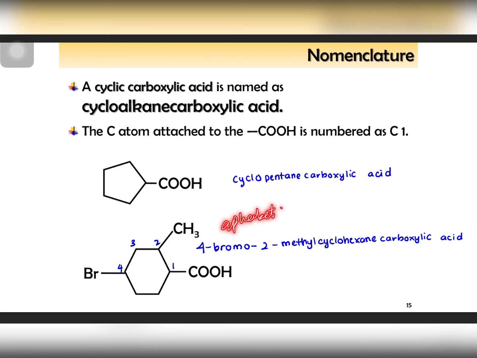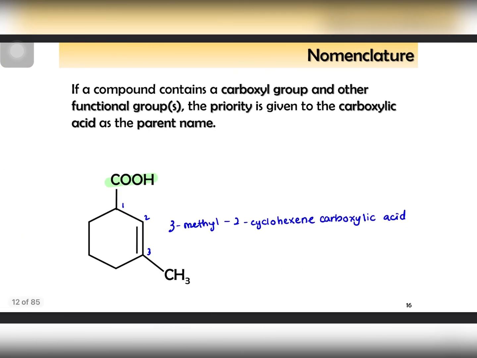B come first before M. So 4 bromo 2 methyl cyclohexane carboxylic acid. Alright, so next example. If a compound contain carboxyl group and other functional group, priority will be given to carboxylic acid as the parent.